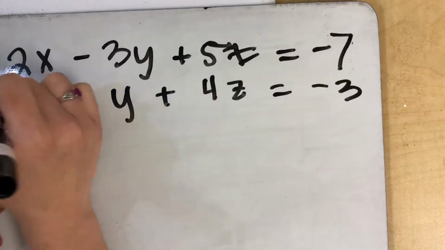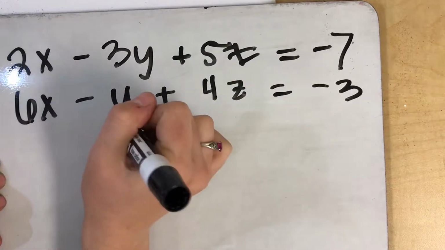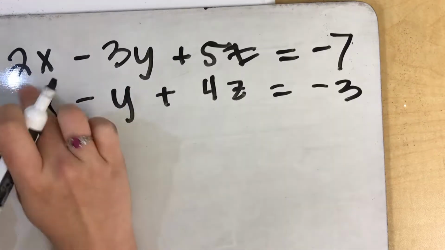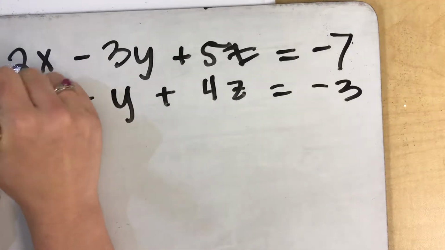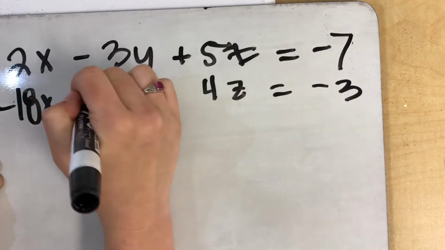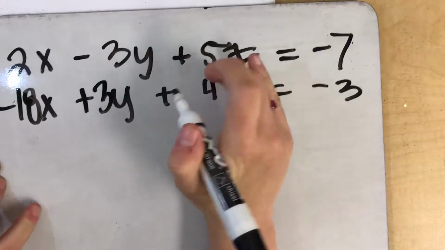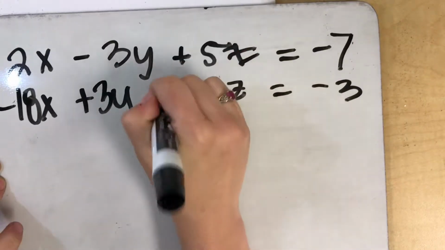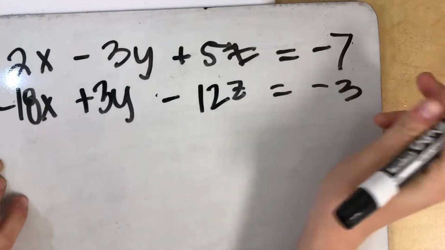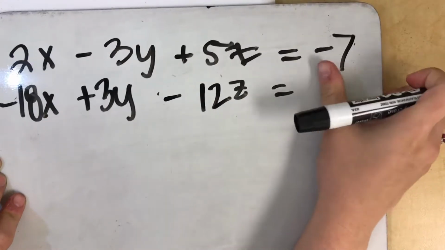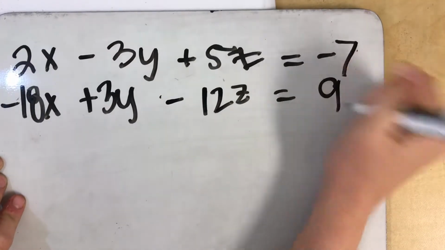So you're going to multiply the bottom equation by negative 3. So instead of 6, this would become negative 18. Instead of negative y, it'd be negative 3y. 4 would become negative 12z. And then the negative 3 would become a 9.